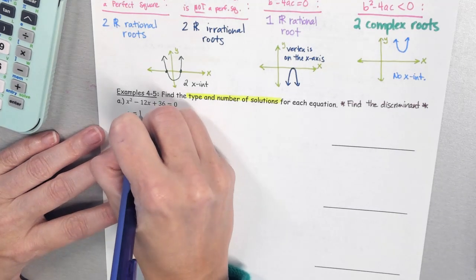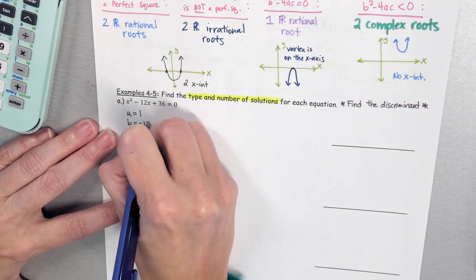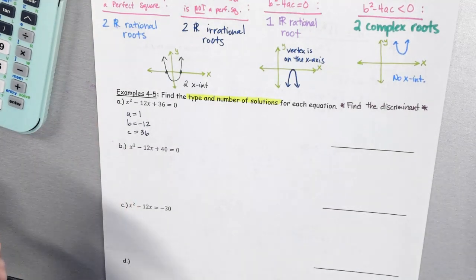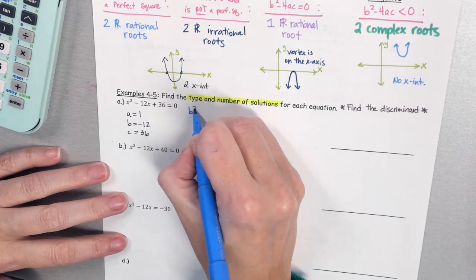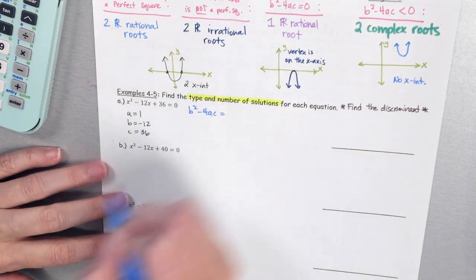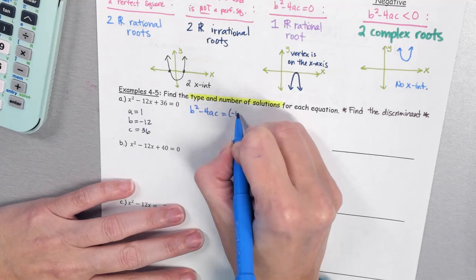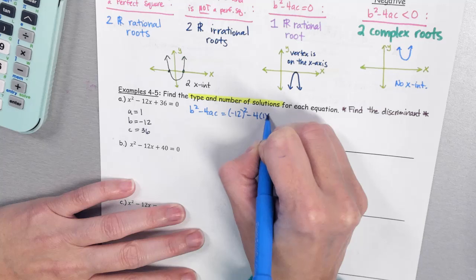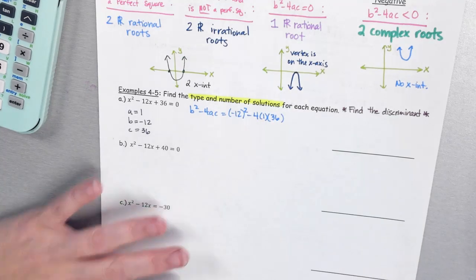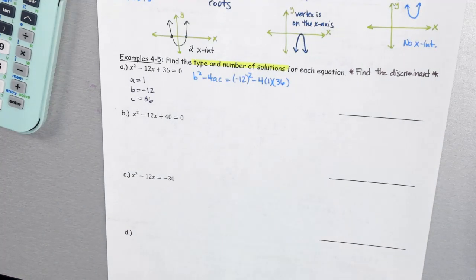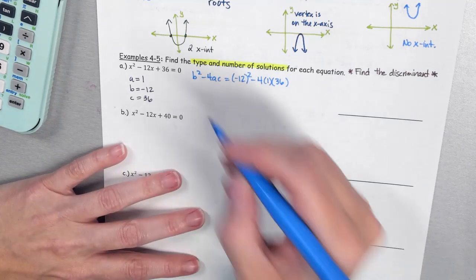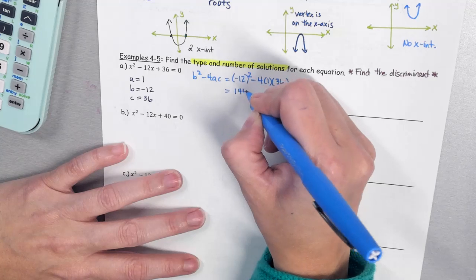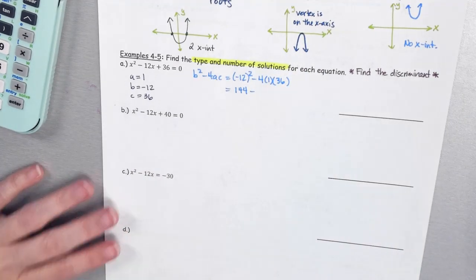Okay, so our A value is 1, our B value is negative 12, our C value is 36. We're going to plug this in to b squared minus 4ac. Like I said, I'll usually do the first one in my head, negative 12 squared minus 4ac. If you like writing that part out, that is fine as well. So what is negative 12 squared? 144. Okay, and then we're going to do 4 times 36.